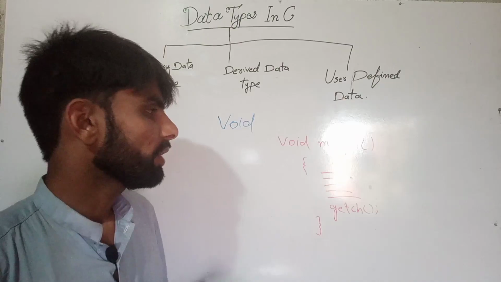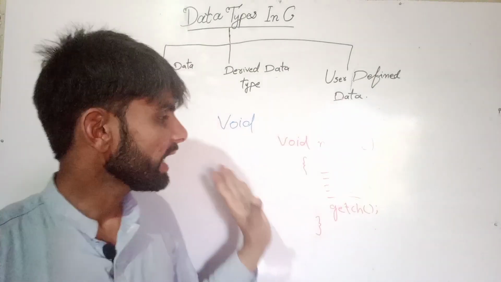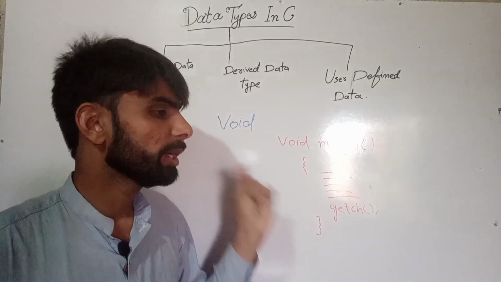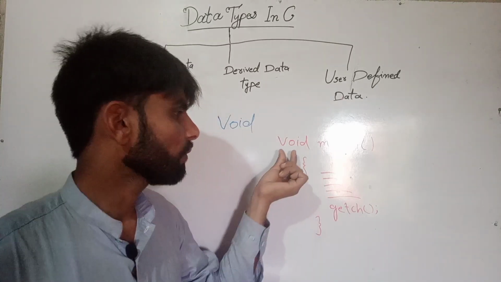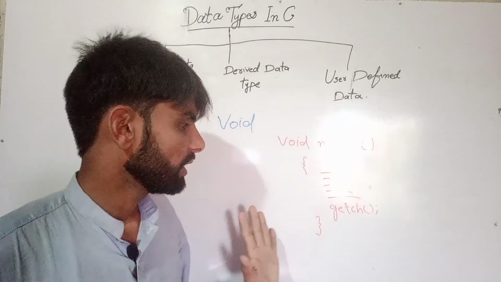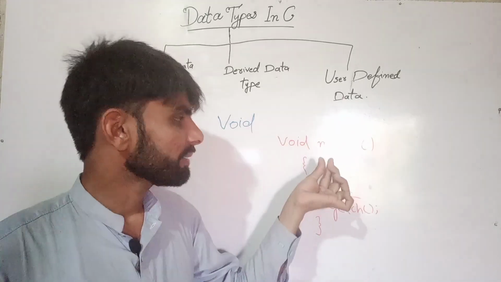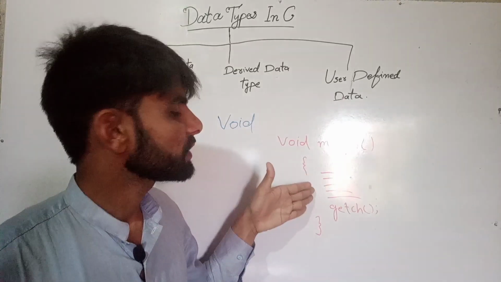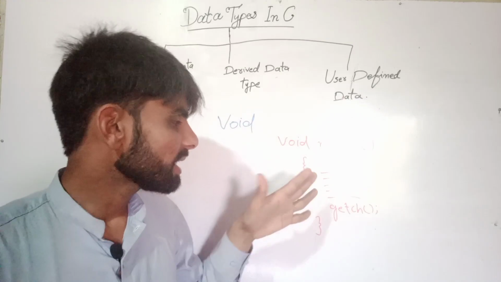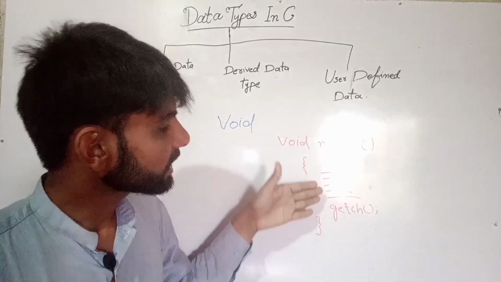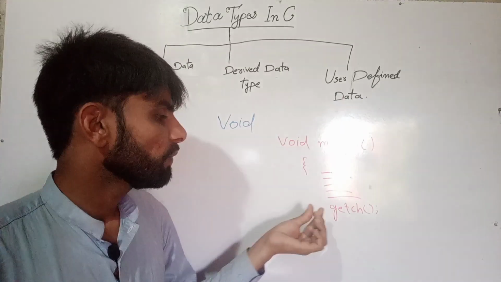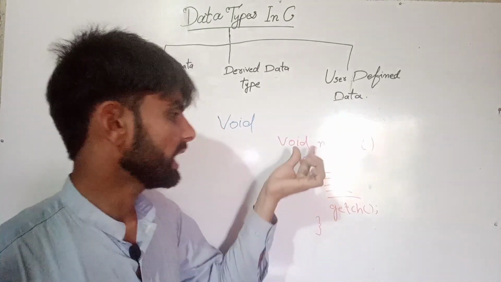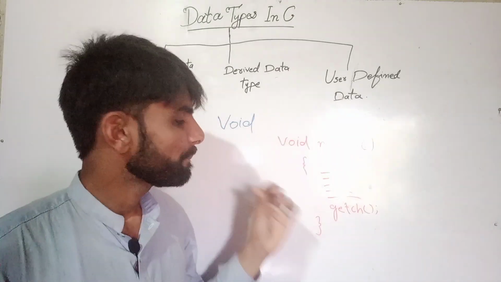So this is the body of the main function. I have written the main function with void. What is the meaning of void with the main function? After the statements of the program are executed, at the end we would return a value from this main function.